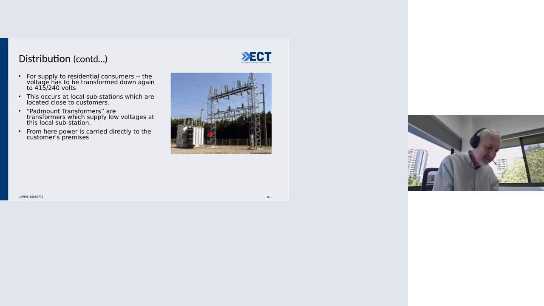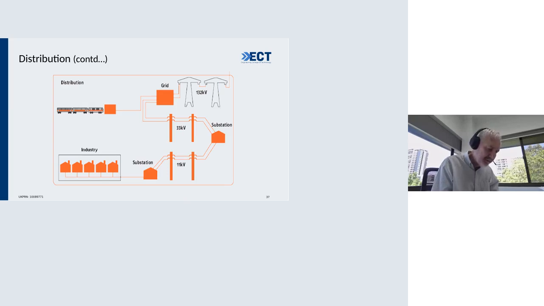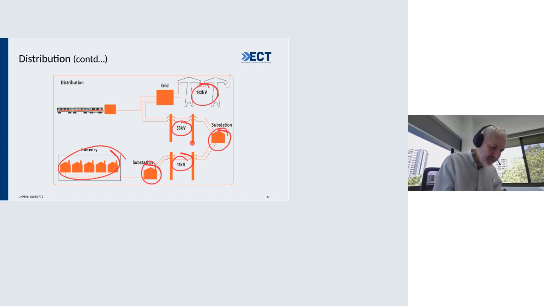And obviously you have transformers, and that's the next topic we'll spend some time talking about. 132 kV, 33 kV, 11 kV, substations, and obviously industry or towns. So these are quite important.